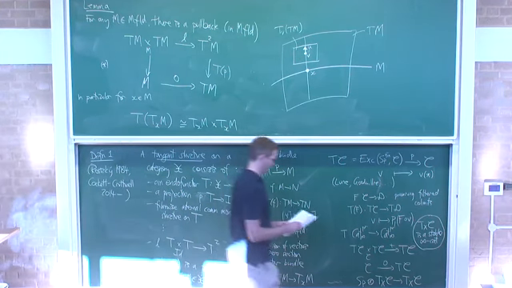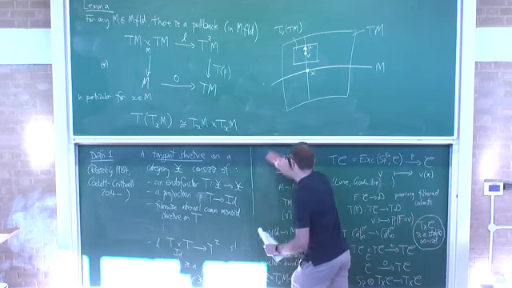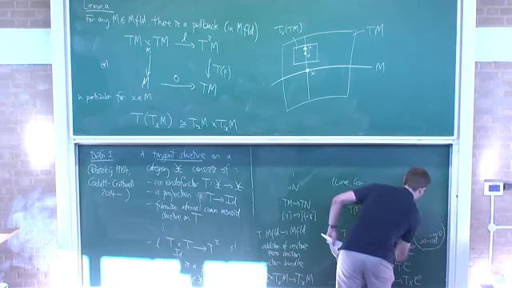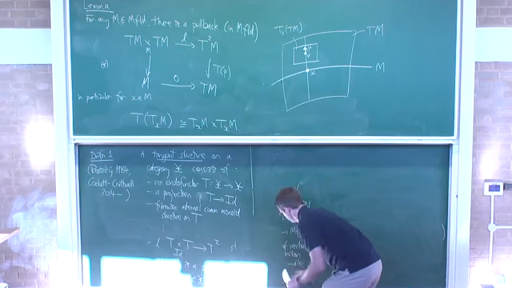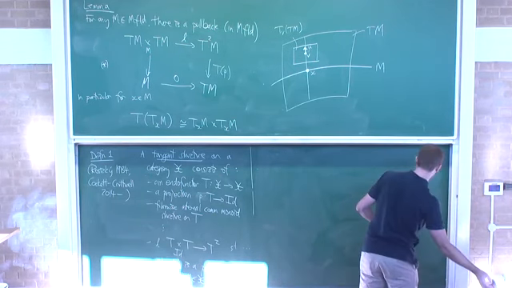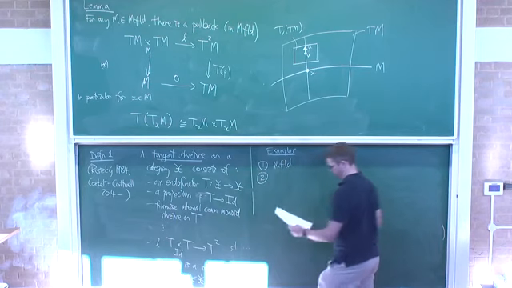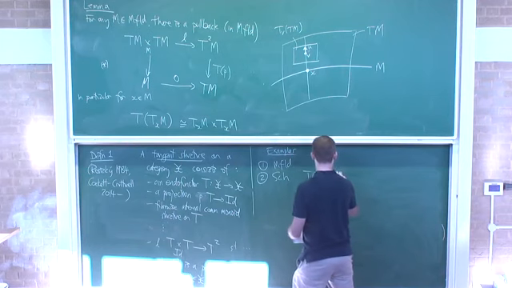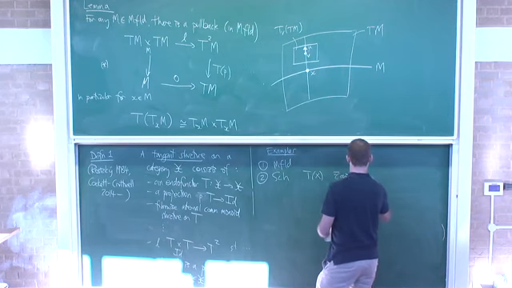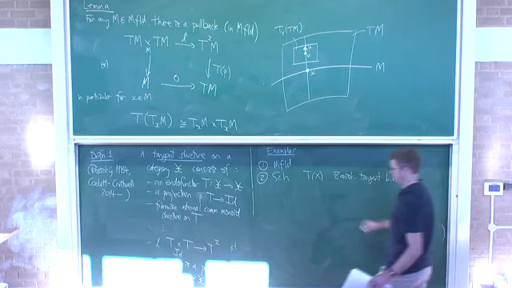So what examples were they interested in, other than smooth manifolds? Example 1, smooth manifolds. Example 2, schemes, where T of X is the Rosicky tangent construction.